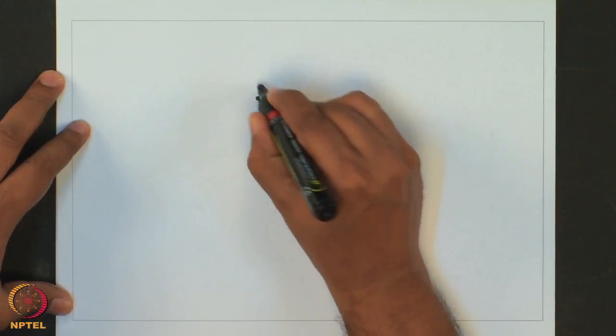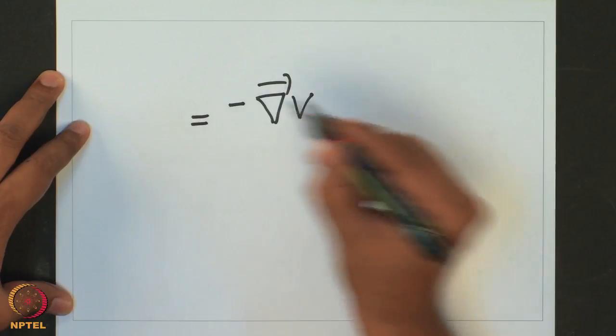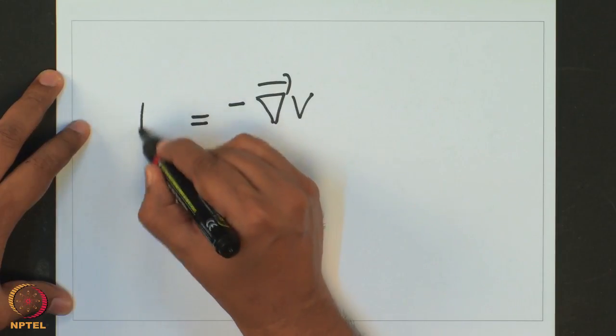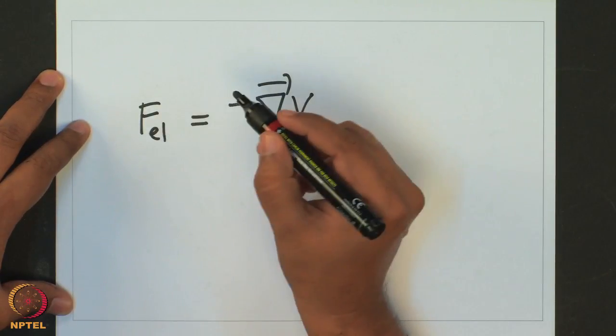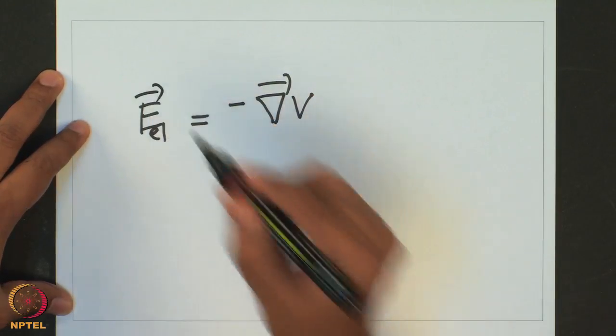So even electrostatic potential, like you have a higher potential, lower potential, the electrostatic potential difference, sometimes will be written as del V. So the electrostatic force can be written as minus gradient of V. This is basically the electrostatic force, or I would write the electric field. So I would write E sometimes.